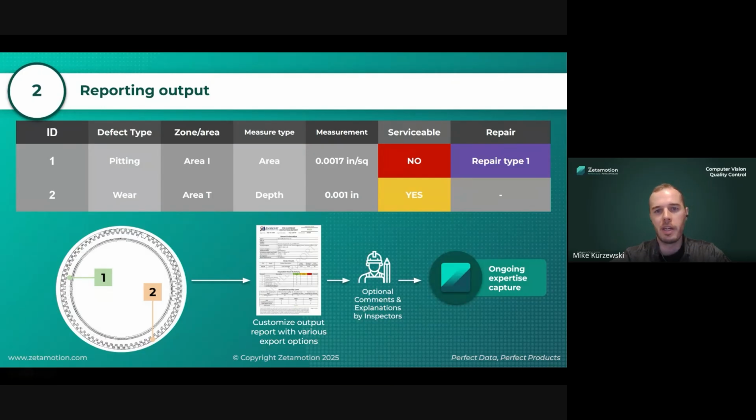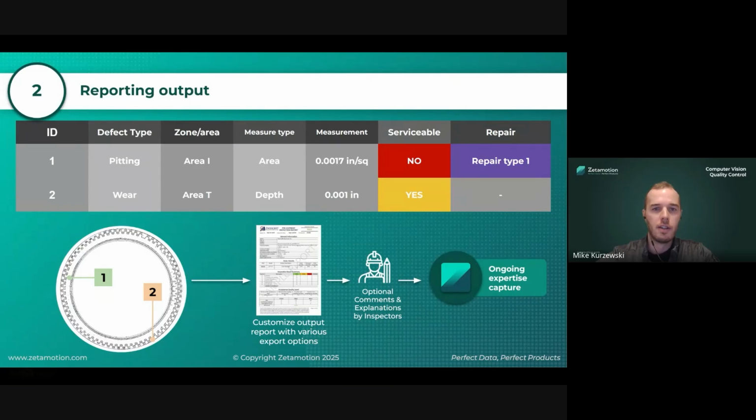And then it can do the measurement, and you can start adding on additional requirements in the end. So if you need a category for whether it's serviceable or not, and whether it requires repair or not, or can be repaired or not, that can also be decided by the AI. So these are additional steps that AI unlocks in the inspection process, as opposed to just traditional machine vision. AI can start making the inspector decisions that your humans would be making.